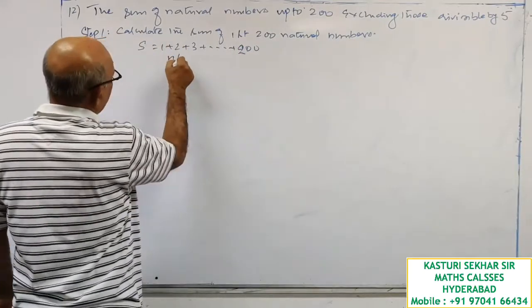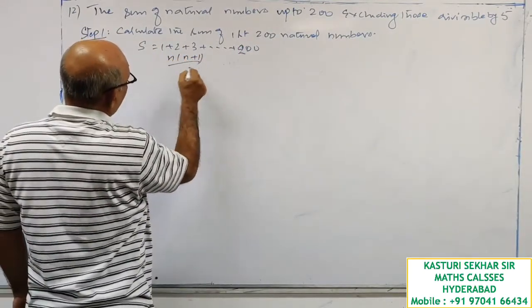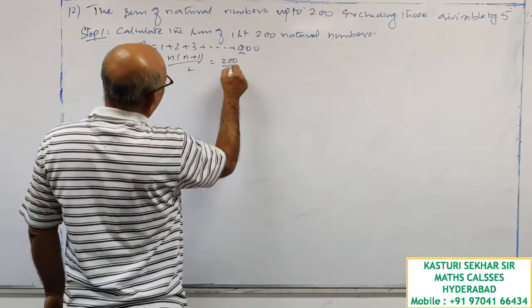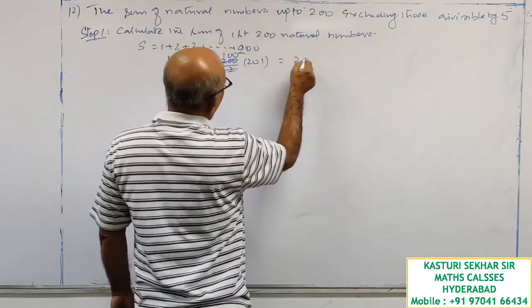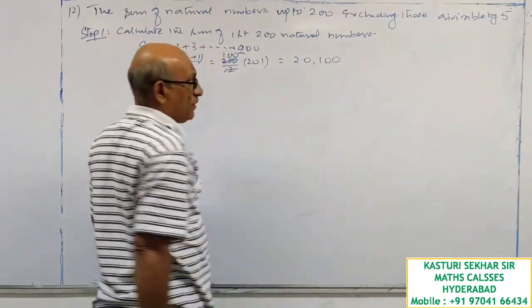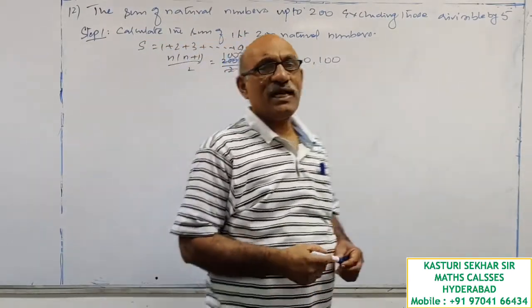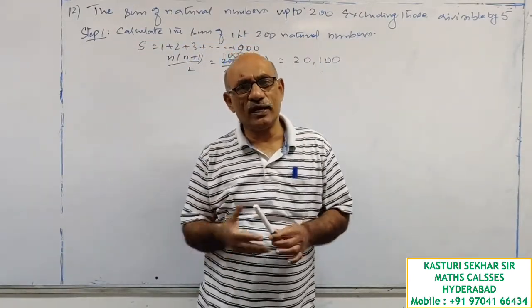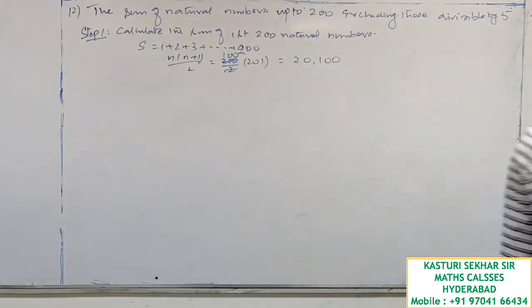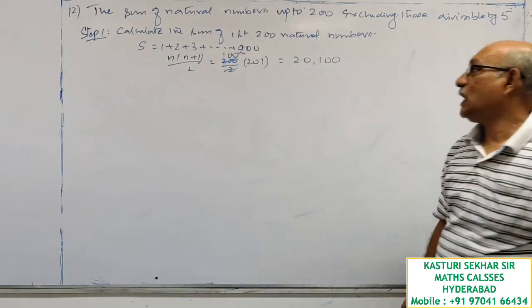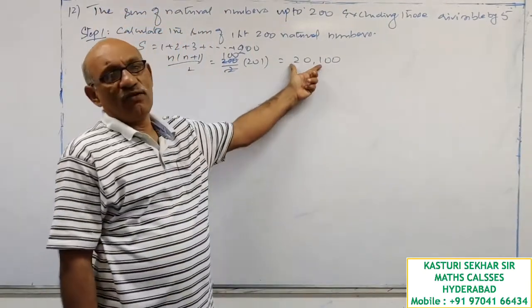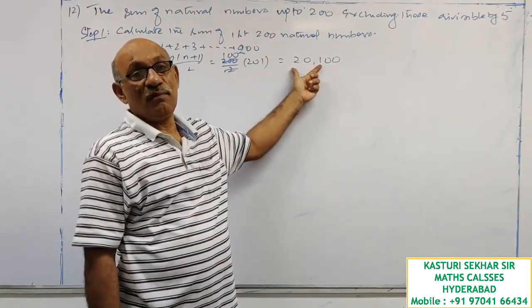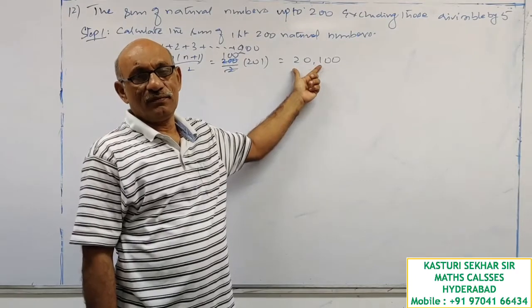So this is n into n plus 1 by 2, 200 by 2 into 201. This is equal to 20,100. When you add the natural numbers from 1 to 200, its value is 20,100. This 20,100 includes those numbers which are divisible by 5.